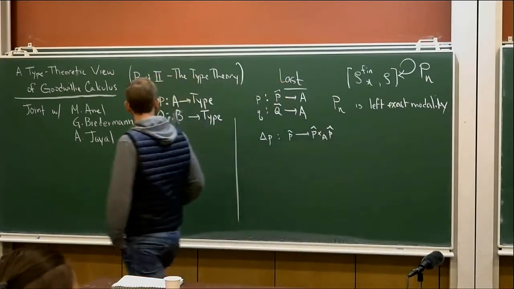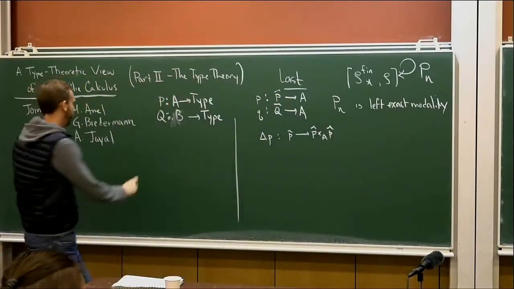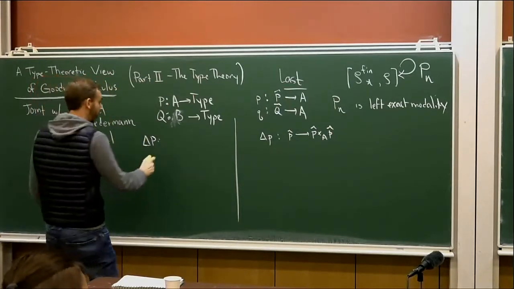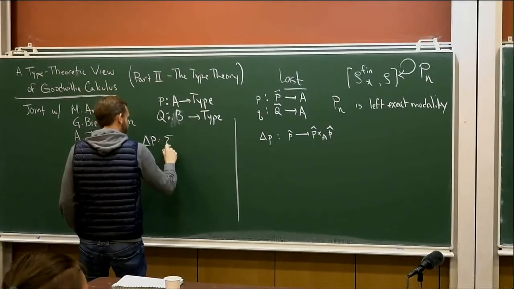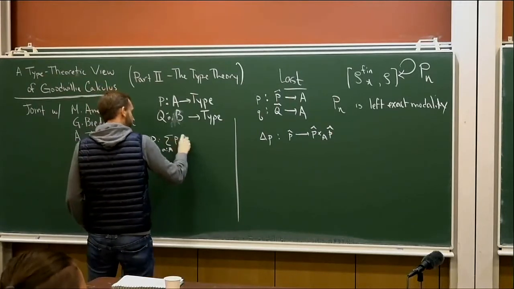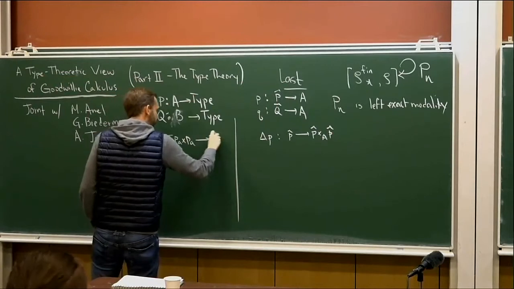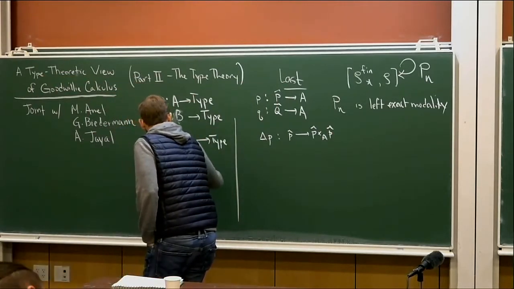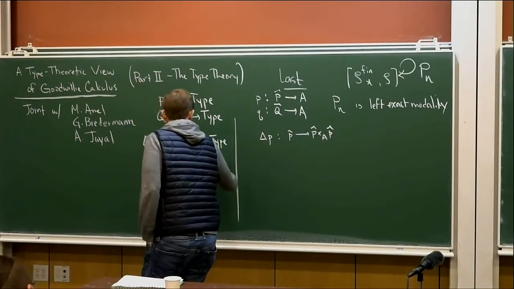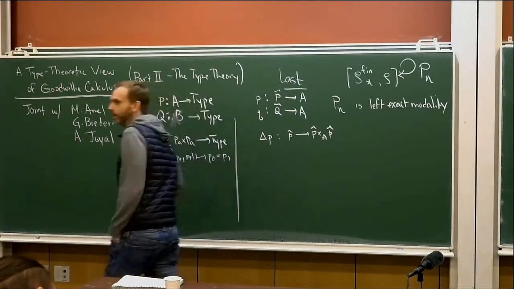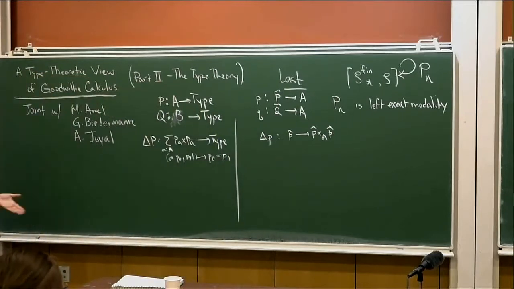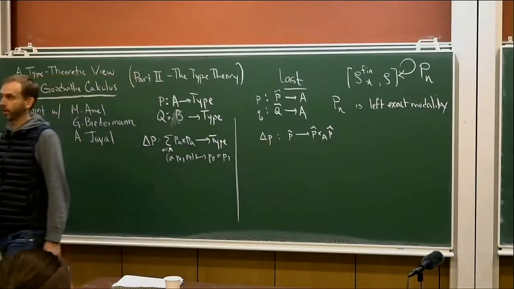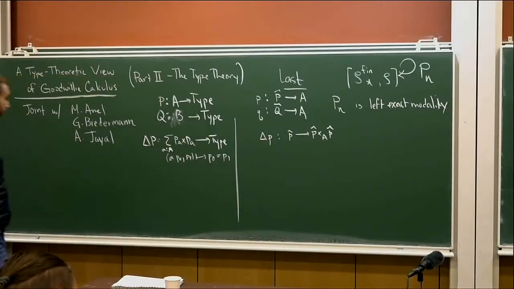And if P is my corresponding family, then I'm just going to write the same thing, the diagonal of P. It's a family over now not just A, but PA across PA, mapping to type, defined by A, P0, P1, mapping to P0 equals P1. So when I write the diagonal of the family, I mean the family of all of its identity types. And that's exactly what this topos theoretic construction corresponds to.